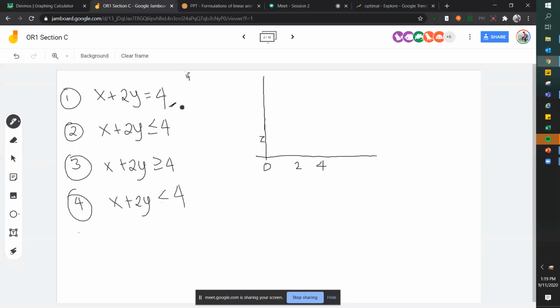Okay. So, yan. Okay, ma'am. So, ako na lang. Okay, ako na lang. So, first point. Just give me 2 points, because 2 points can create a line segment.